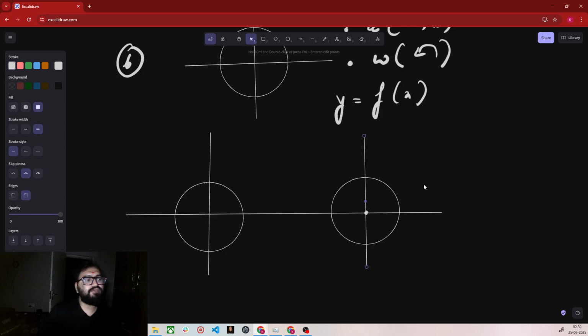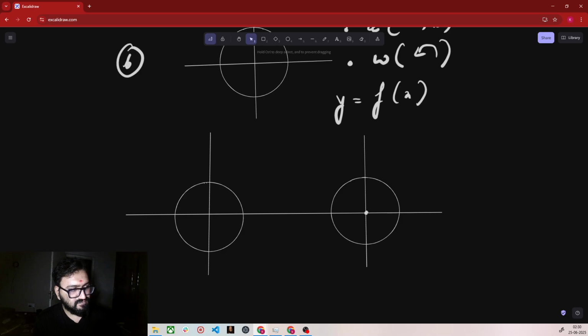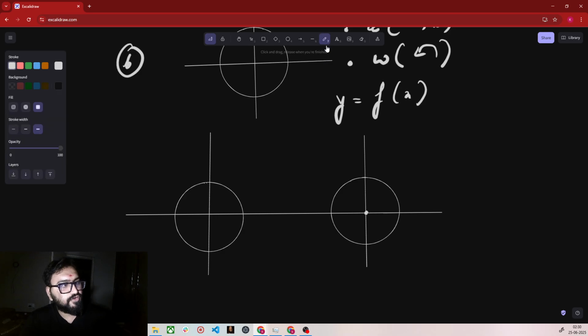Obviously this line would be moving in the x direction, but the instantaneous axis of rotation would not be at a point like this or this. It would always be along a line which would be perpendicular to the x-axis but parallel to the y-axis. So this is my y-axis and this is my x-axis. I have already explained why this is the scenario in the previous case.